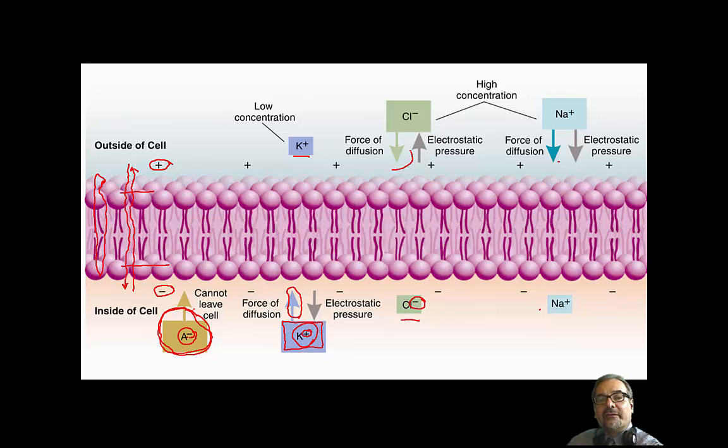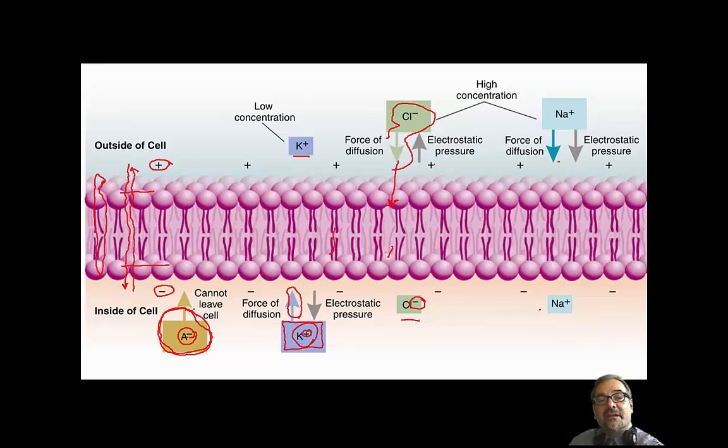When there is more of an ion on one side, the force is going to push the ion to the other side. So potassium wants to go to the outside. Chloride and sodium ions want to go to the inside.